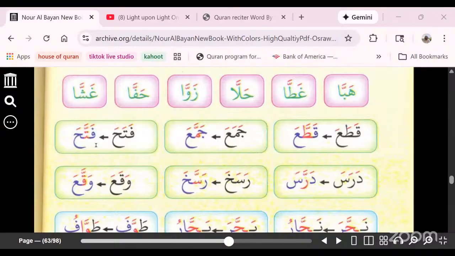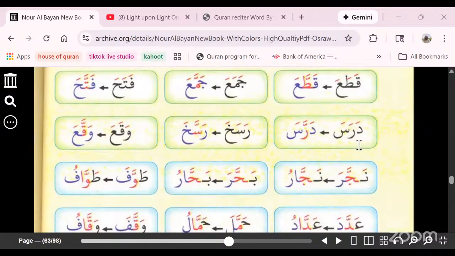Fataha. All right, so this one is fataha. Very good. Fataha.